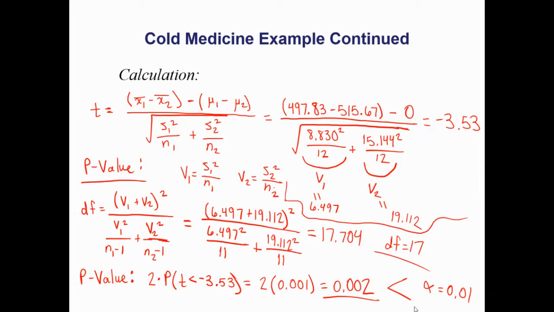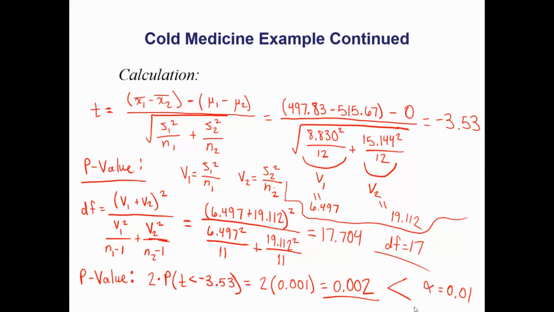Since p-value is less than alpha, what do we do? Do we reject or do we fail to reject? Good. We will reject.